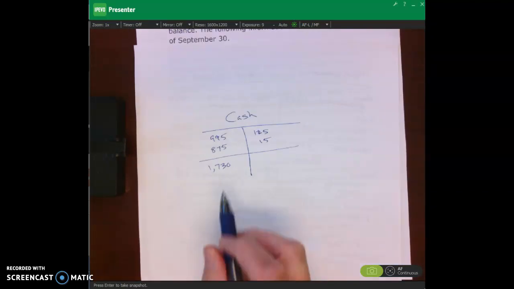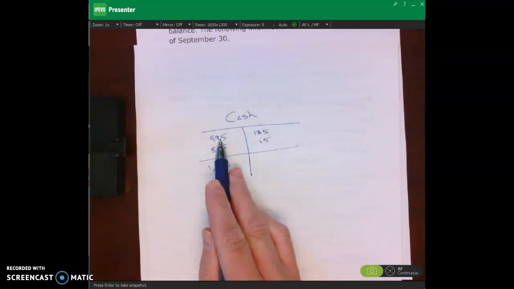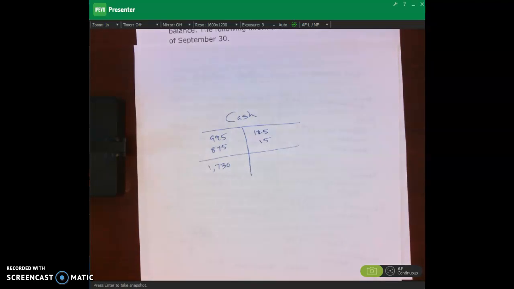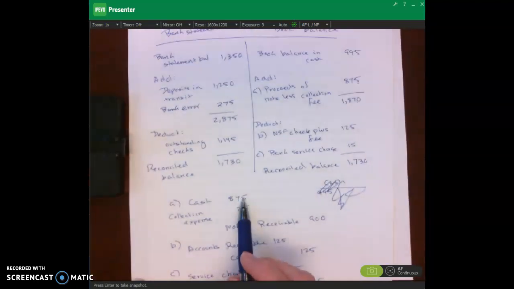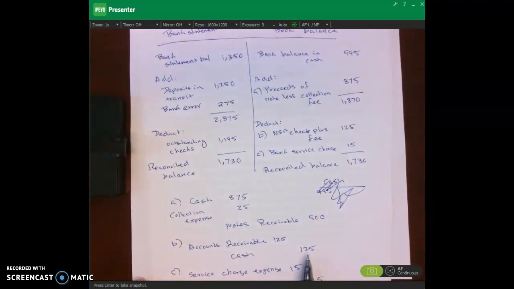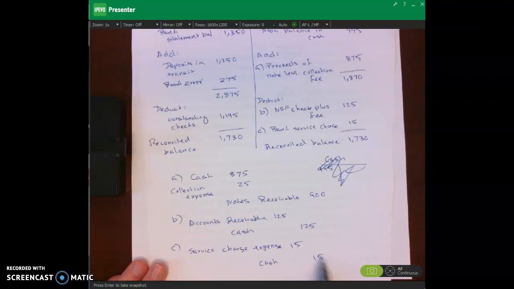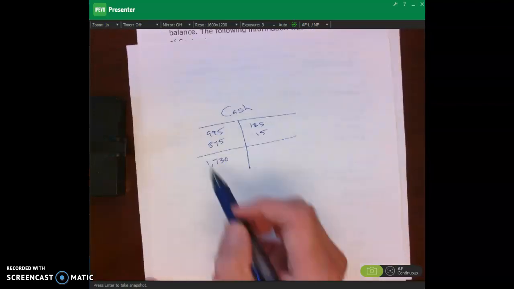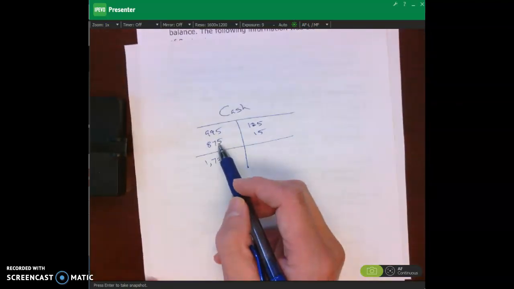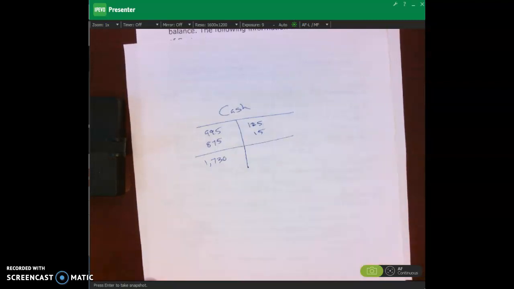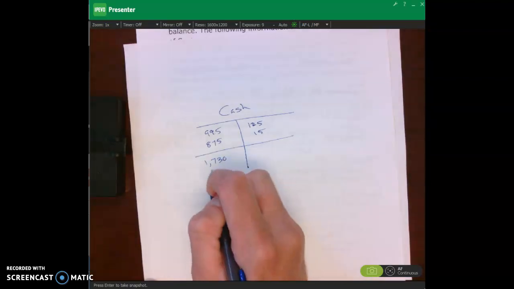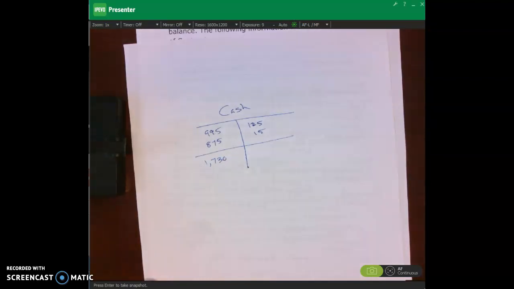So what I did is I took those journal entries, and I also took the beginning balance in cash, and I did a T account here for cash. Here's our beginning balance in cash. Remember, we had our 875 right over here, and then we had our credit to cash here, and our credit to cash there. The 995 plus the 875 minus the 125 minus the 15 gives us the 1,730, and this is the amount now in the general ledger.